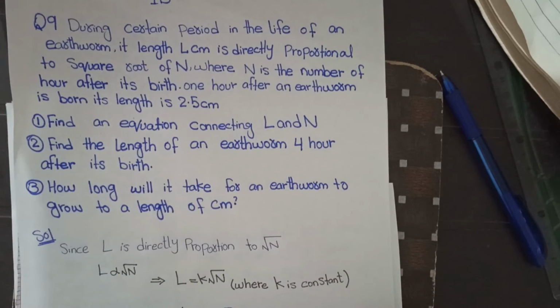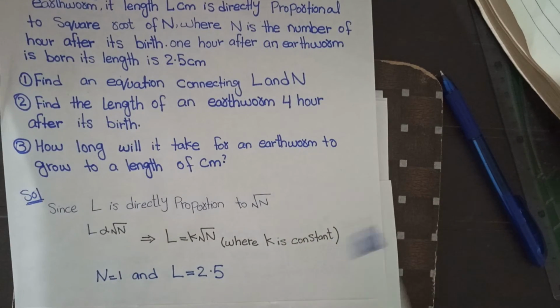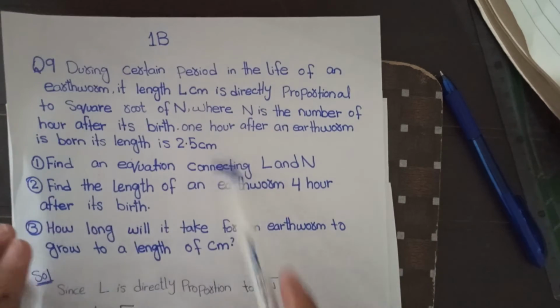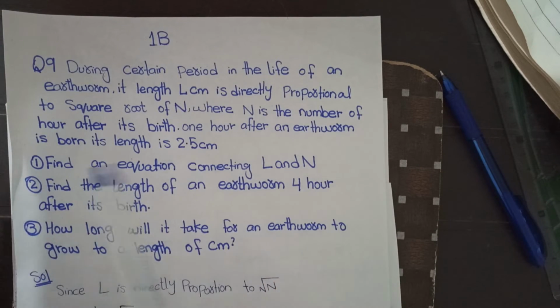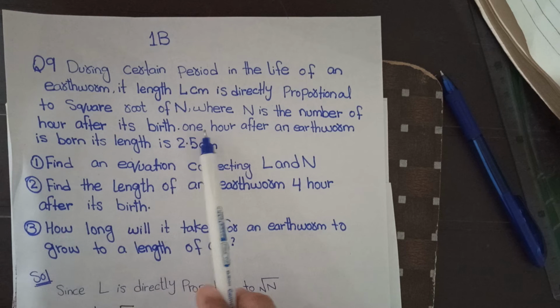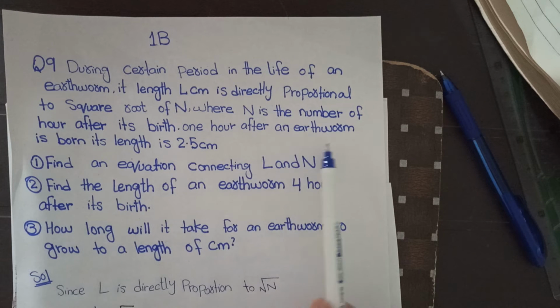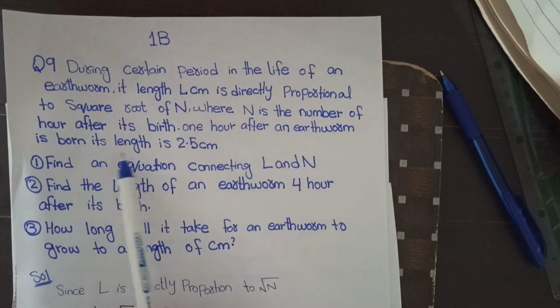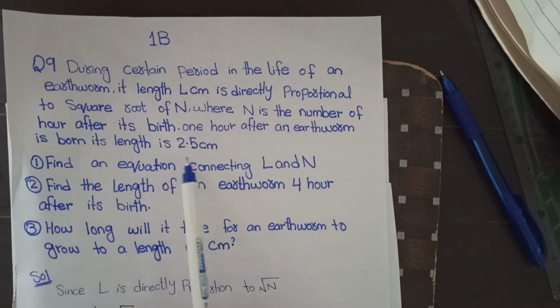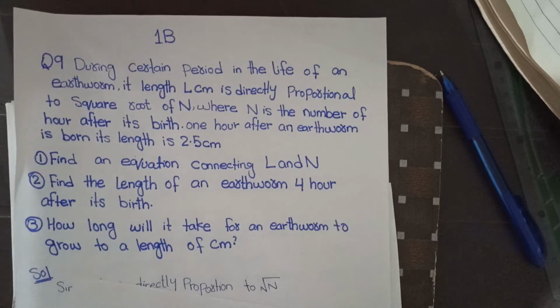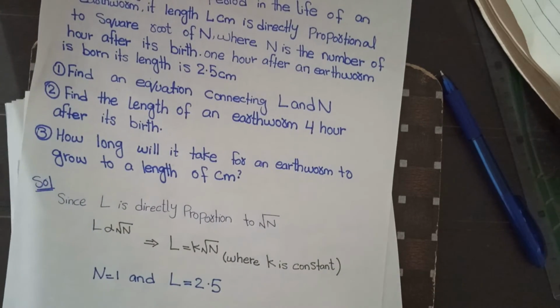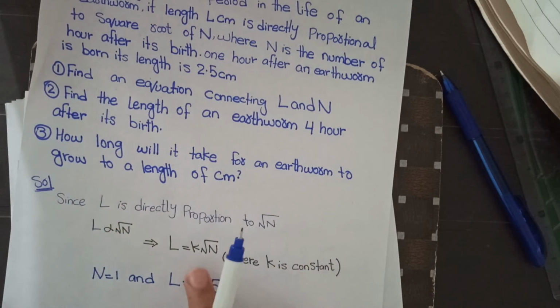n is equal to 1 and L is equal to 2.5, because here n is the number of years after its birth, 1 year, meaning n is equal to 1. And after an earthworm is born, its length, meaning L is equal to 2.5 centimeter. Now put this value in that equation.